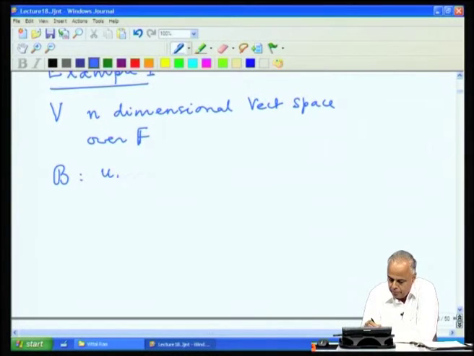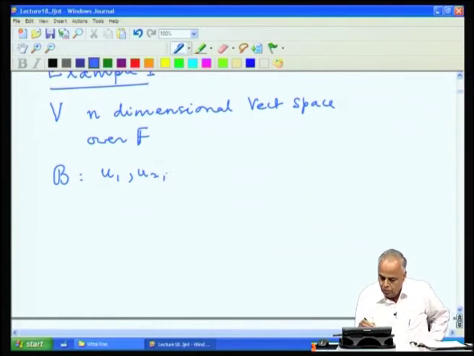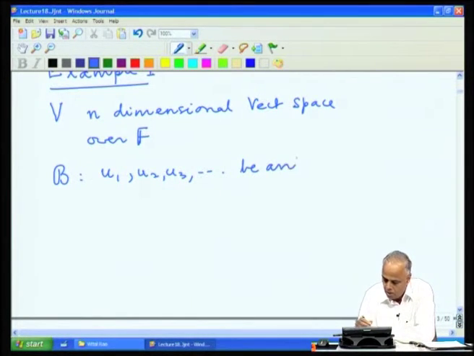So, let B equal u1, u2, u3 and so on be an ordered basis for V.